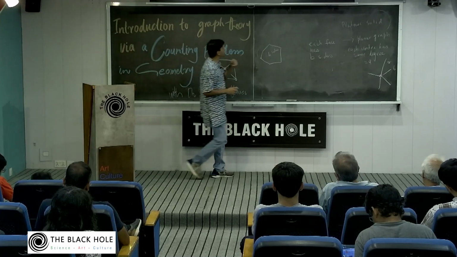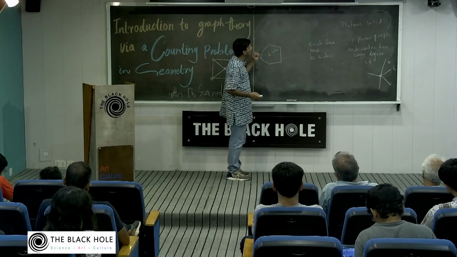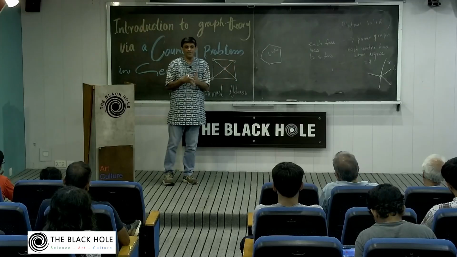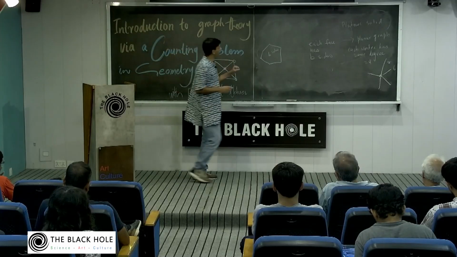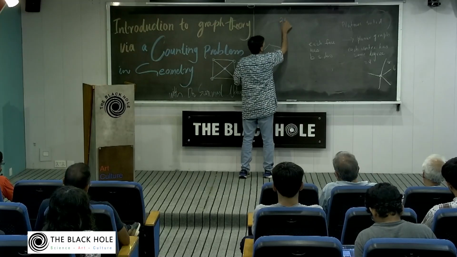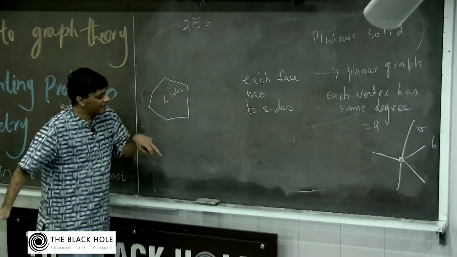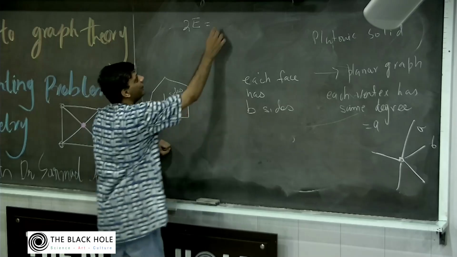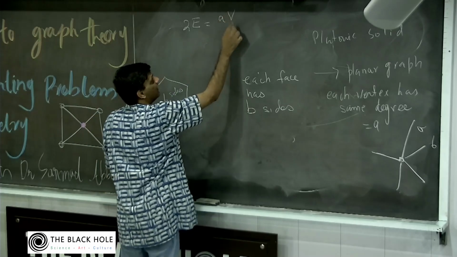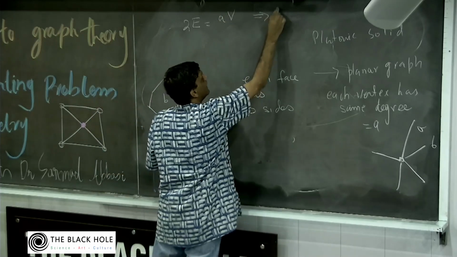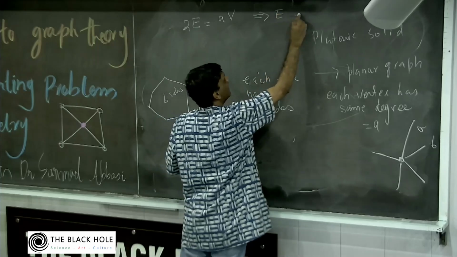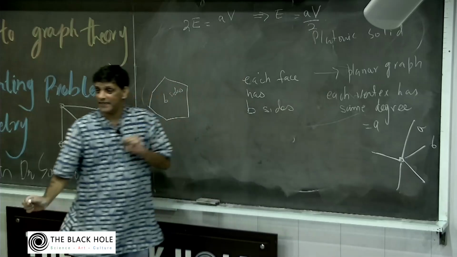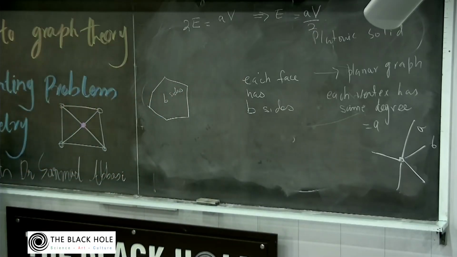So you get a planar graph, all right, and what do we know? That the sum of the degrees is twice the number of edges. So 2 times the number of edges is the sum of the degrees. So there are V vertices. So the sum of the degrees is AV. And from here, you get that the edges must be AV over 2. Right? That's our first conclusion. All right.